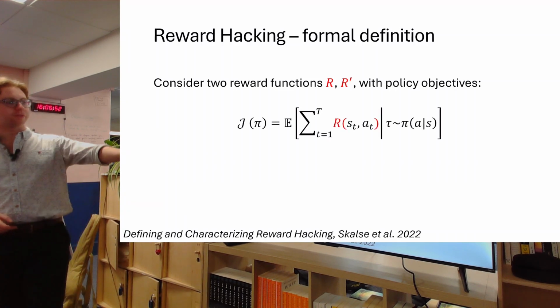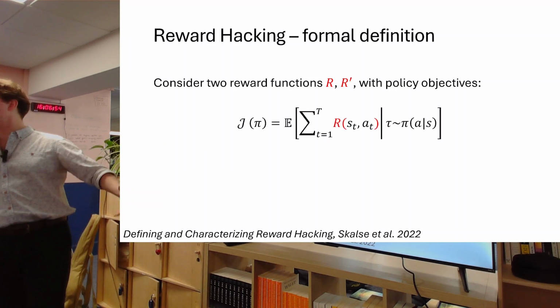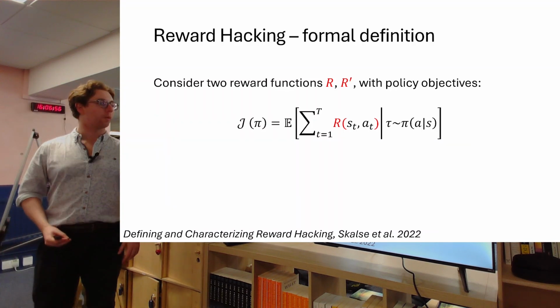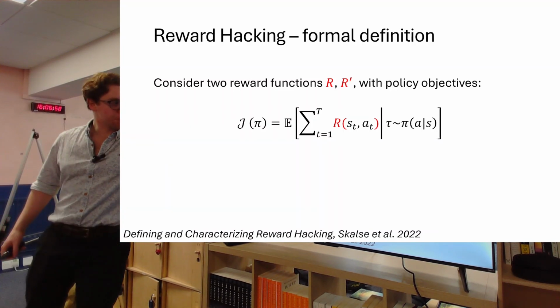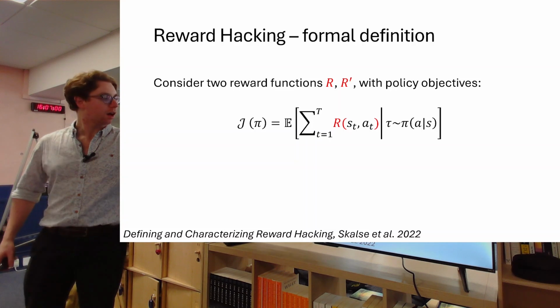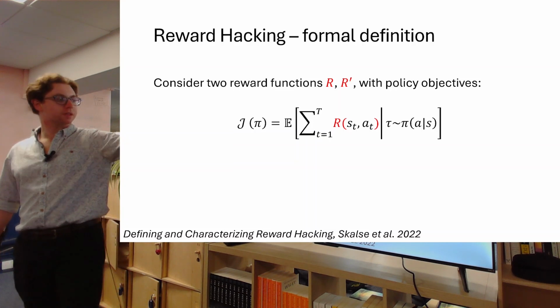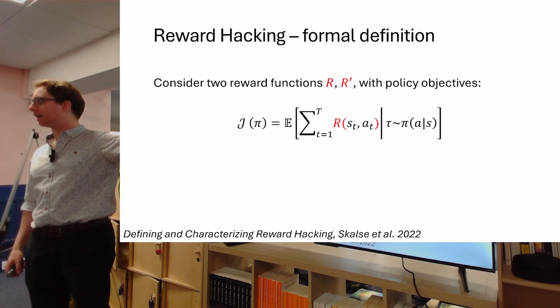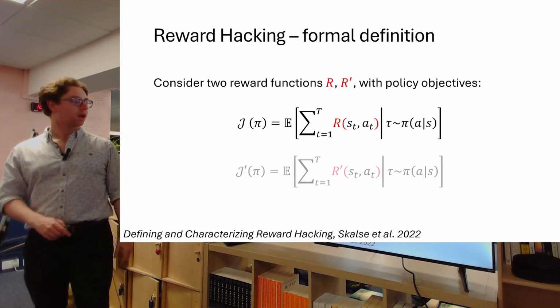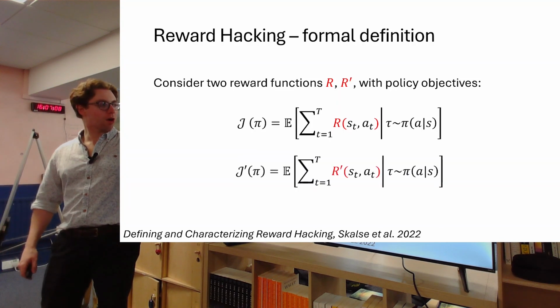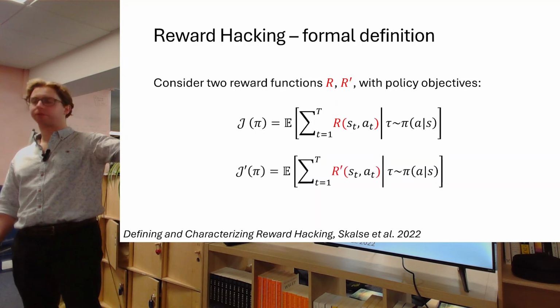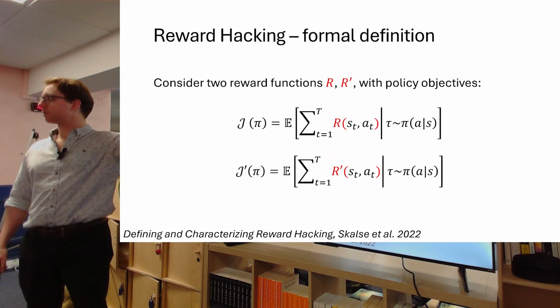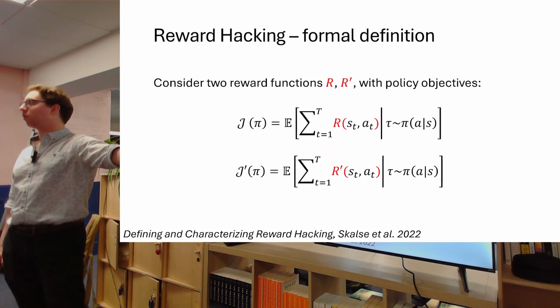And we can define the policy objectives, which we've seen throughout the course: if I sample trajectories according to my policy pi, what's the cumulative reward that I'm going to obtain? And I'm going to define another policy objective for the proxy reward too. So I've got a policy objective for my true reward, and a policy objective for my proxy reward.